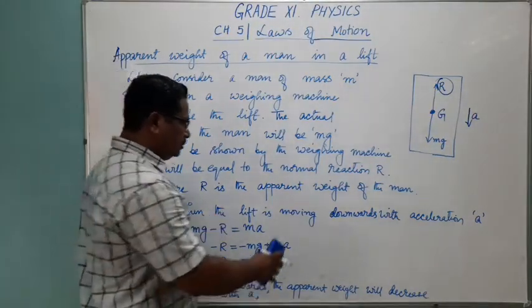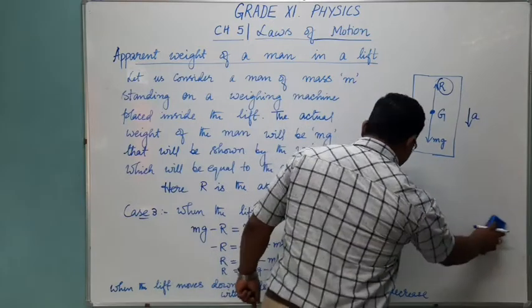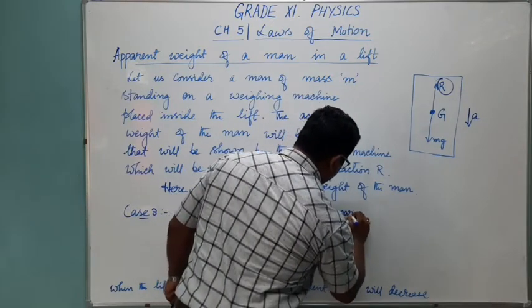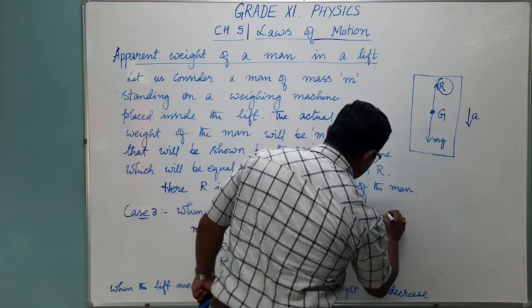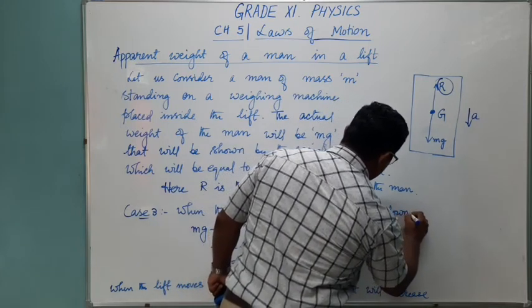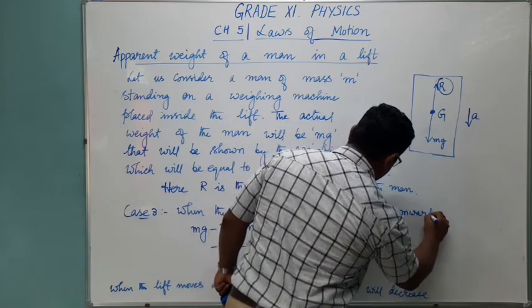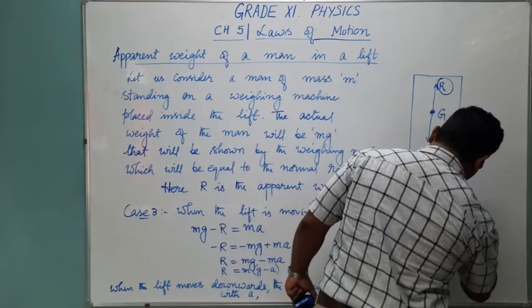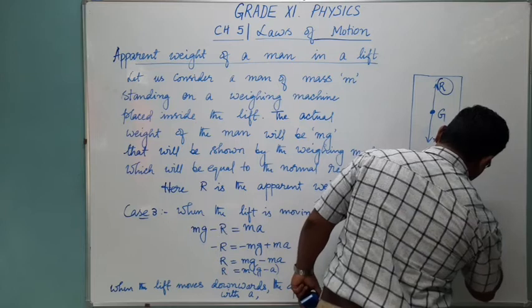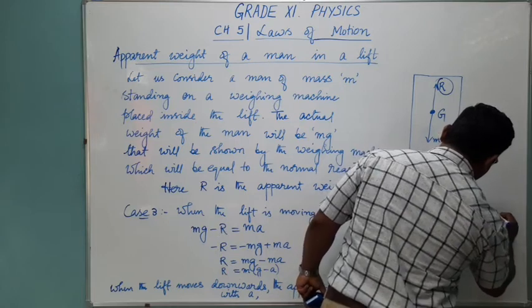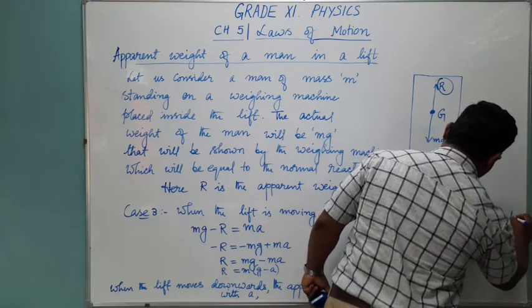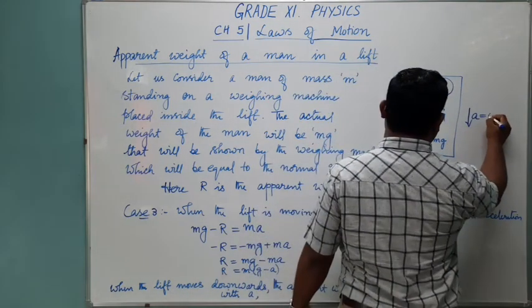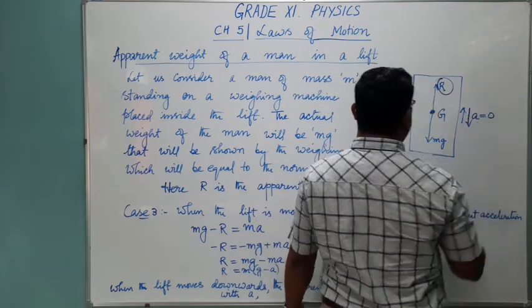When the lift is moving upwards or downwards without acceleration, then if there is no acceleration, acceleration will be 0, upside or downside.